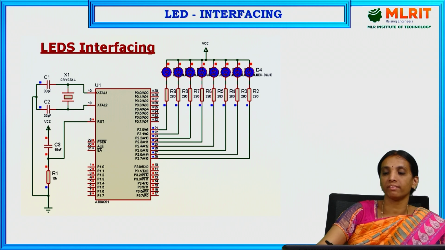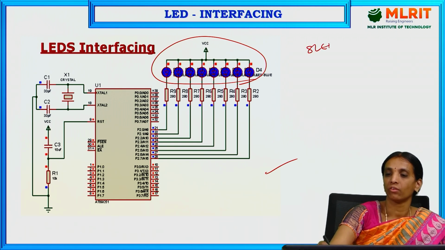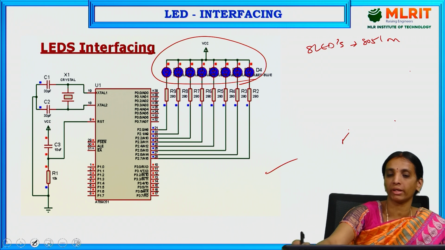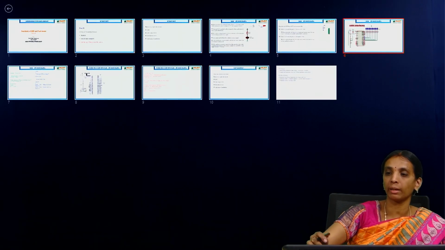Next, this is the circuit diagram used for interfacing multiple LEDs to the microcontroller. Here we have used 8 LEDs interfaced with the 8051 microcontroller. By using these 8 LEDs, we can have different types of patterns.